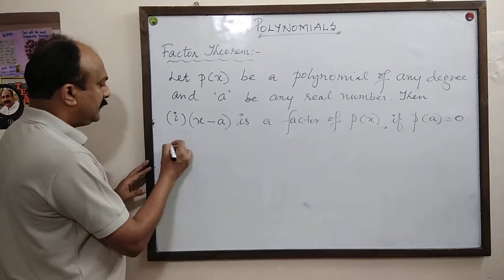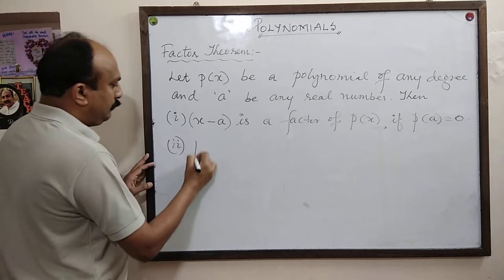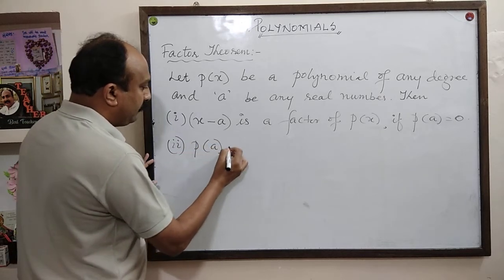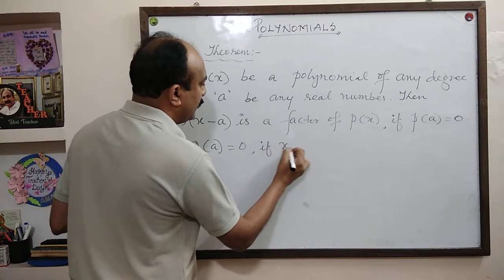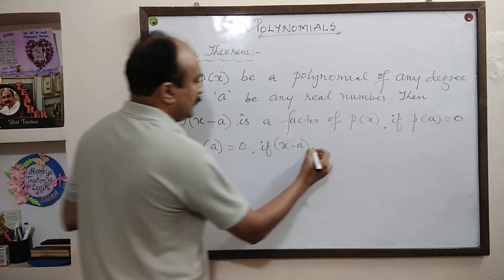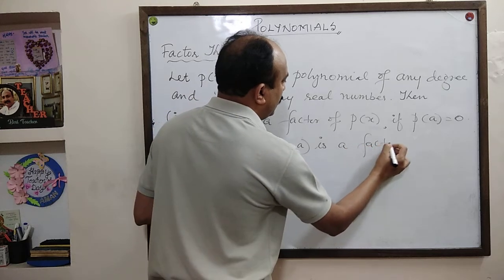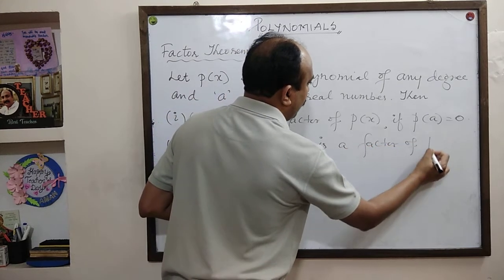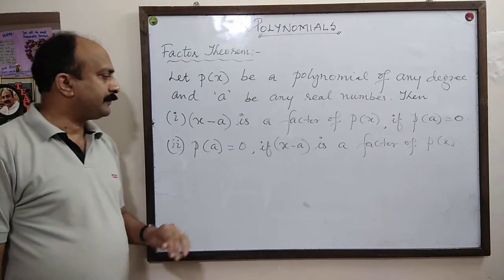Now, this statement can be given in this way also. p(a) will be equal to 0 if x minus a is a factor of p(x). So this is the reverse statement.